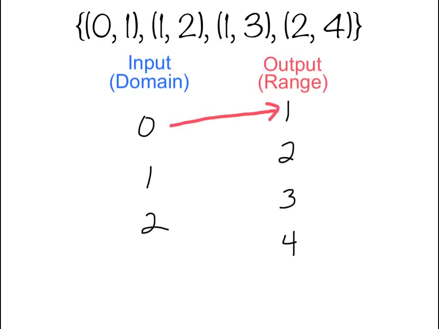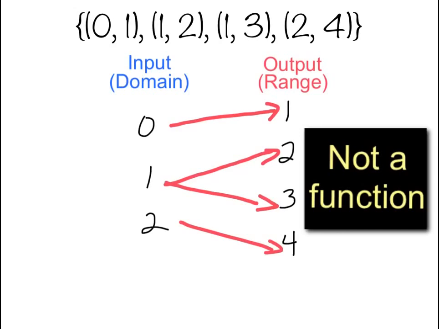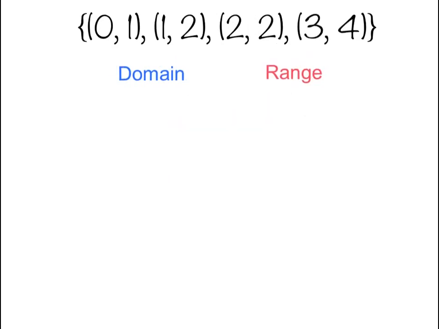The next step is simply to draw arrows from the domain values to their range values. As you can see, there are 2 range values for the domain value 1, so this relation is not a function. Looking at a second example, first we'll go ahead and do our mapping first. So we'll list all the domains, and then we will list the ranges.